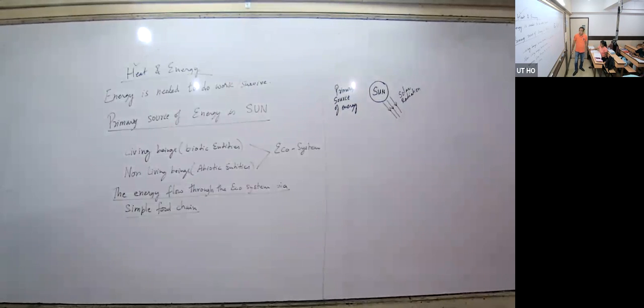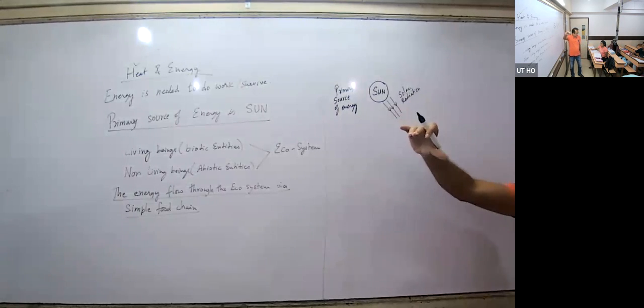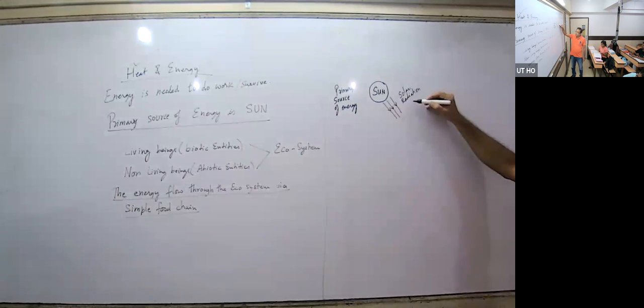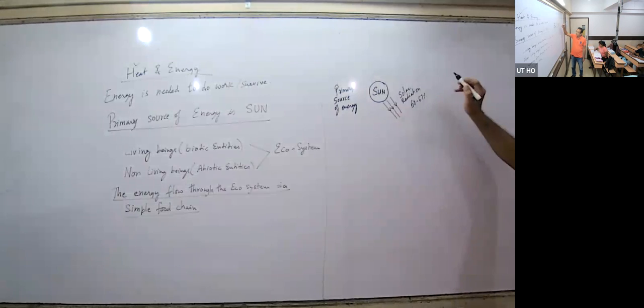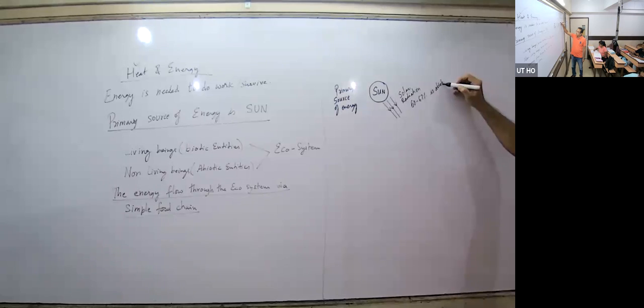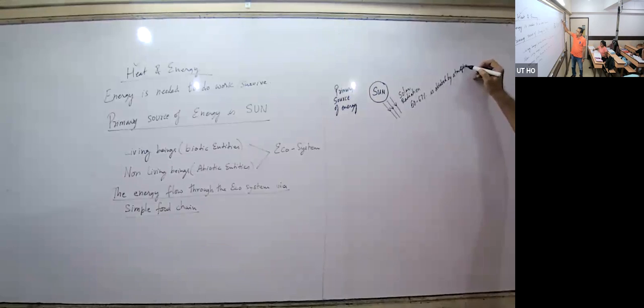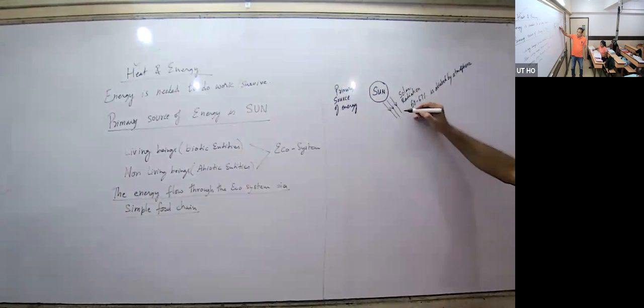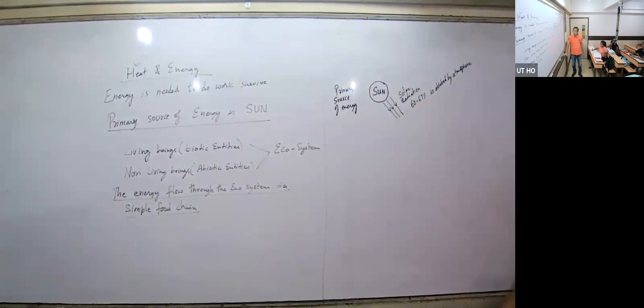Of all the energy radiated by the sun, 60 to 67% or 70% is absorbed by the atmosphere. Out of the balance that reaches Earth, almost 10% is absorbed by the water bodies. So 70% of the Earth consists of water bodies.